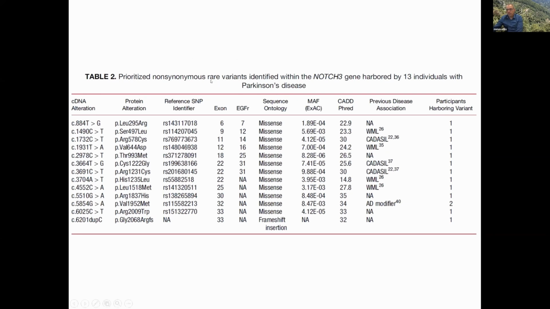They were non-synonymous. They were also potentially damaging variants, although we did not do any functional studies to show that they were damaging, but based on the literature that was out there, and also based on in silico assessment tools that were used to determine potential pathogenicity, they all were potentially pathogenic variants.